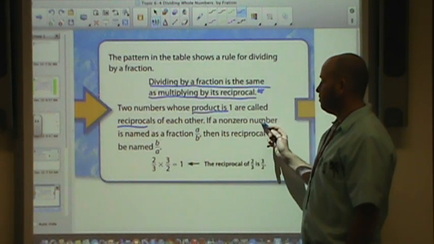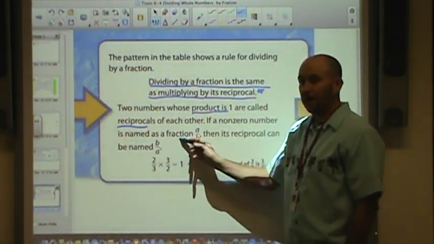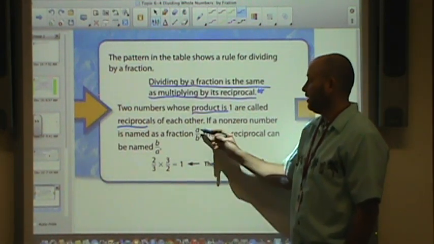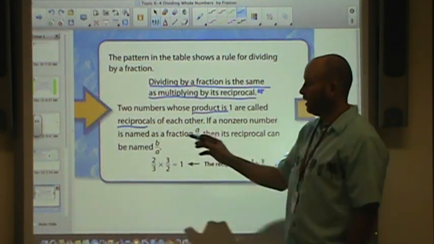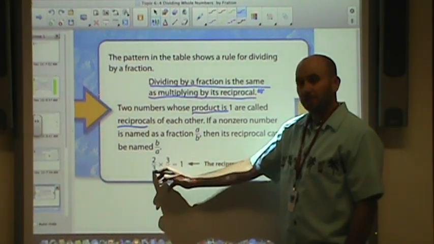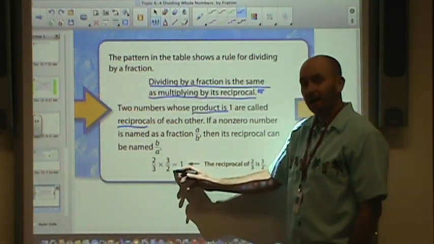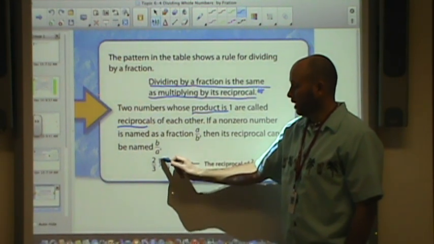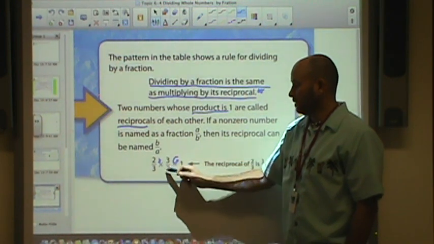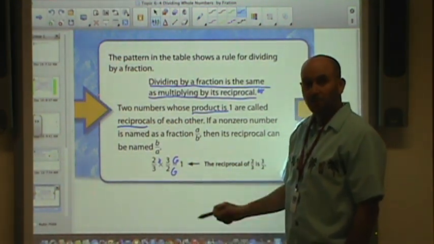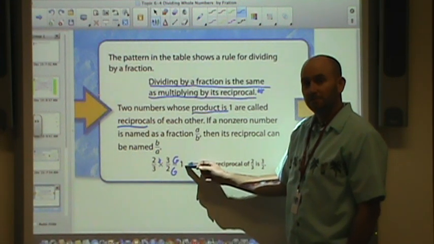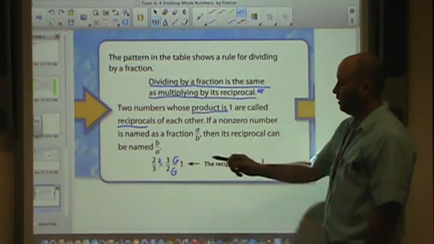If a non-zero number is named as a fraction, such as a over b, then its reciprocal can be named b over a. So 2/3 has a reciprocal of 3/2. If you multiply 2 times 3, you get 6. If you multiply 3 times 2, you get 6, which gives you a whole number of 1.